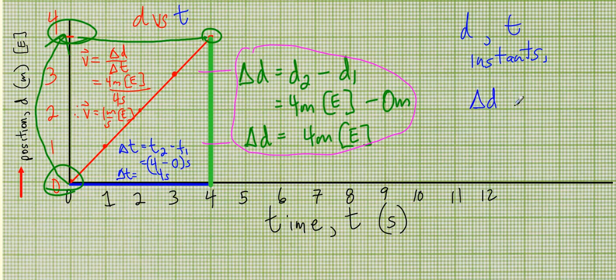Whereas delta D and delta T are intervals of time or intervals of space, or intervals between two positions. So from here to here, that would be a change in time, and it would be a change in one's position. So hopefully this little tutorial on graphing helps to solidify or clarify or simply help you out on doing graphs in physics.